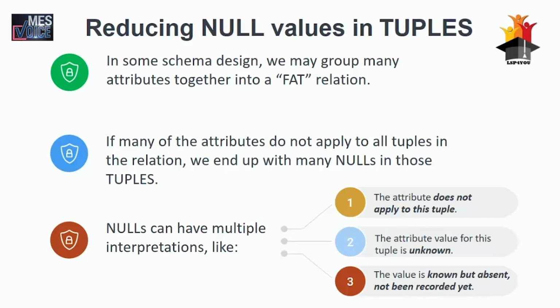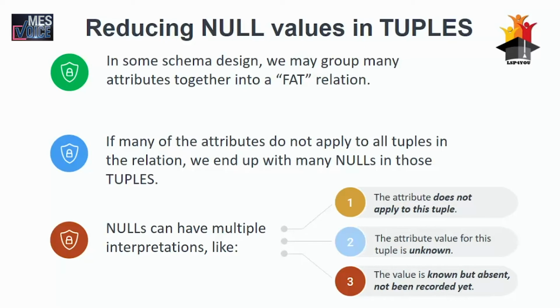Sometimes while inserting data into a relation, suppose we have an attribute date of birth. Sometimes at the time of insertion of the record, the date of birth may not be known, so we may insert a null value in those cases. Sometimes the attribute value may be known, but due to some technical issues such as confidentiality, we may not be able to insert the value of such attribute.